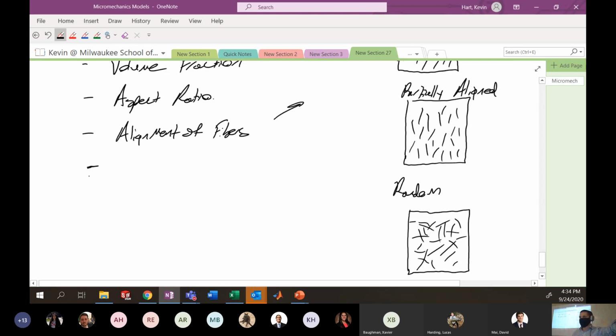The last thing you want to include in your model, and this is something we'll discuss, is the orientation of the fibers with respect to the load. We know that if we're pulling in the alignment direction of the fibers, we're going to have a different response than if we pull across the alignment direction.